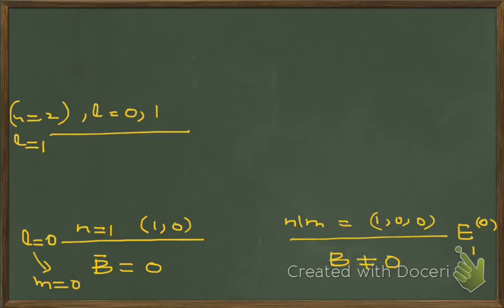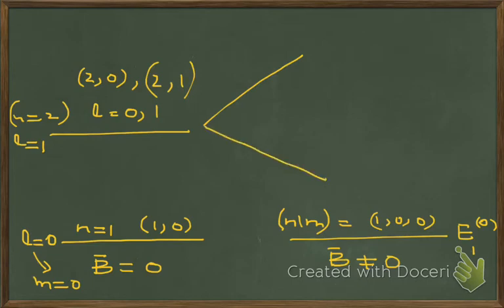The degeneracy with respect to m is removed, but the degeneracy with respect to L persists. So this level will split into 3 levels according to the value of m. Here L is equal to 1, so we will have 3 values of m: 0, 1 and minus 1.